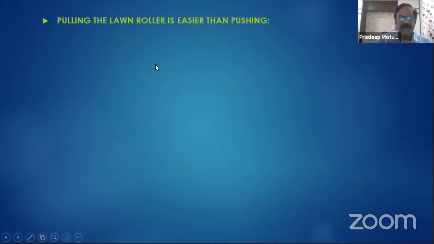Another important topic is: pulling the lawn roller is easier than pushing. Which one is easier to work on the lawn roller, pulling or pushing?